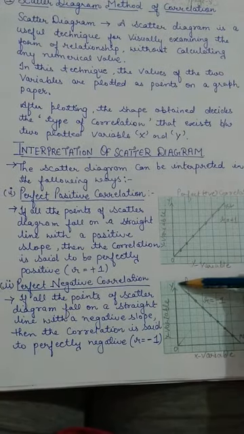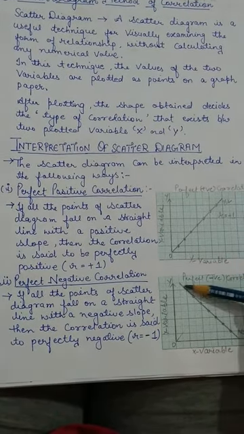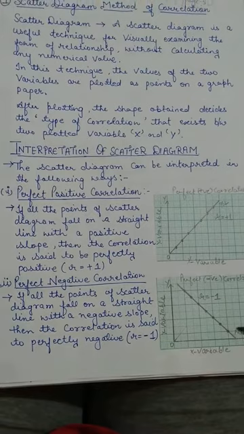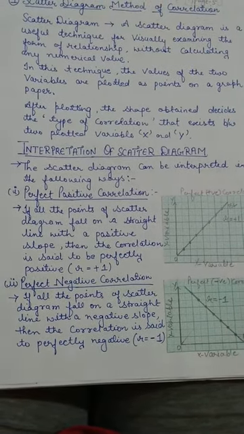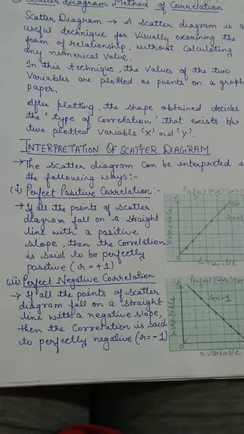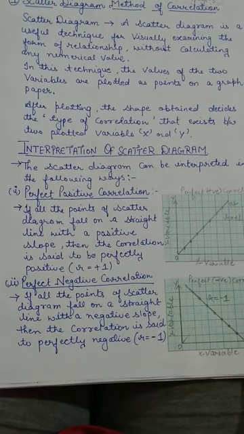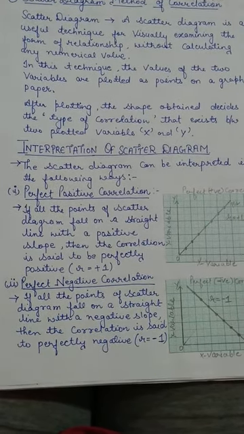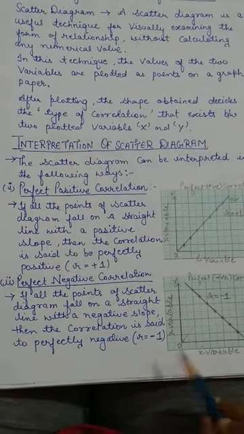Same is the case of perfect negative correlation. When you have drawn your NSL line and all the points lie on that NSL line, in that case it will be perfect negative correlation.